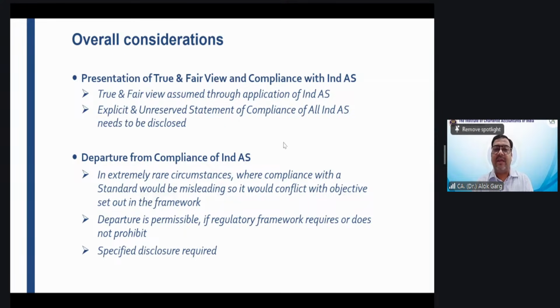If you see the disclosure requirements of Ind AS, and the financial statement complies with all the disclosure requirements of the applicable Indian accounting standards, you can say that these financial statements are reflecting a true and fair view.